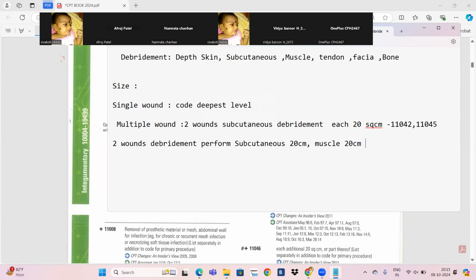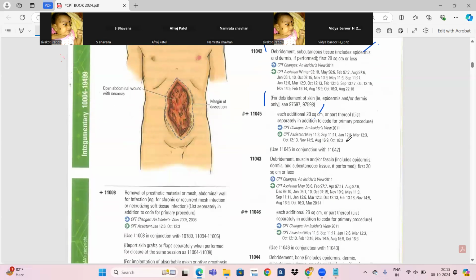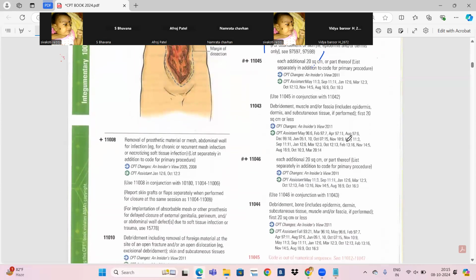How will you code? 11042 along with 11045. See, here the depth was changed, right? One was subcutaneous, one was muscle level. Then you need to code individually. One 11042, then muscle level 11045.